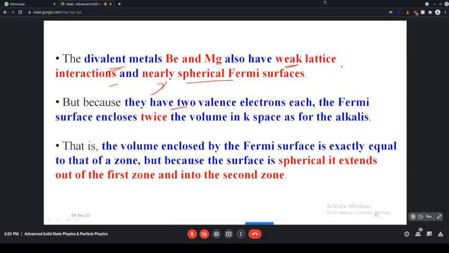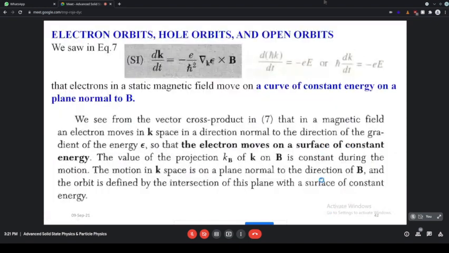The volume is twice as compared to sodium, but that will lie in the first Brillouin zone boundary. If the volume crosses the first Brillouin zone boundary, then there will be maximum distortion. If some Fermi surface is crossing the first Brillouin zone boundary, then there will be more distortions.